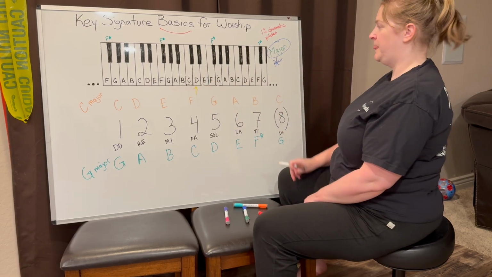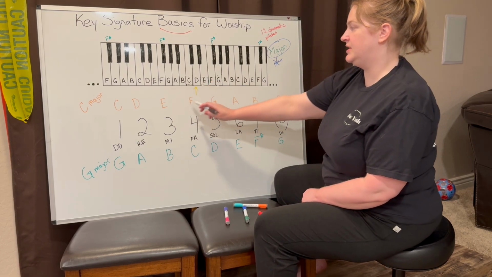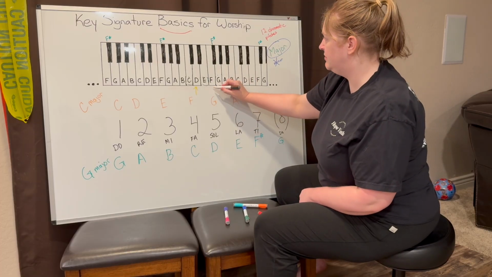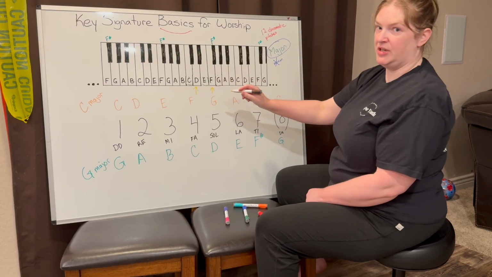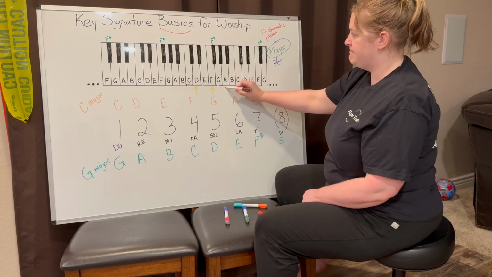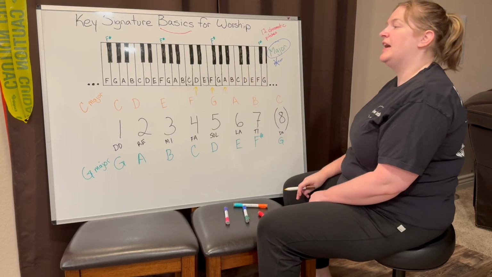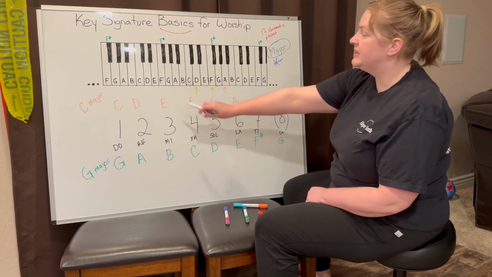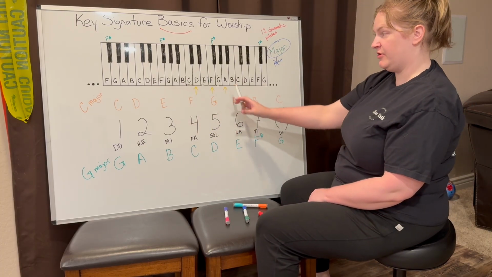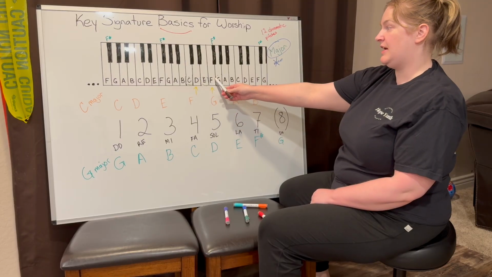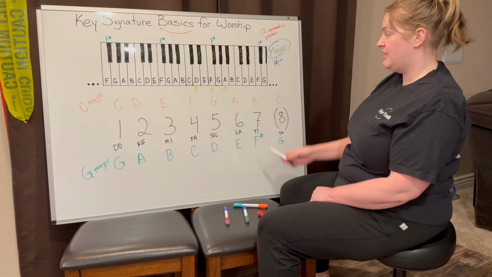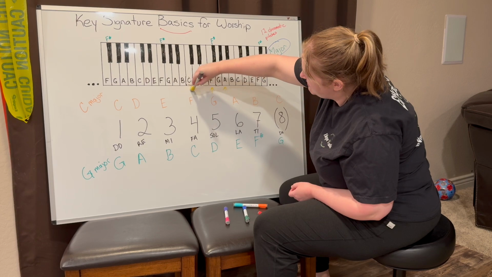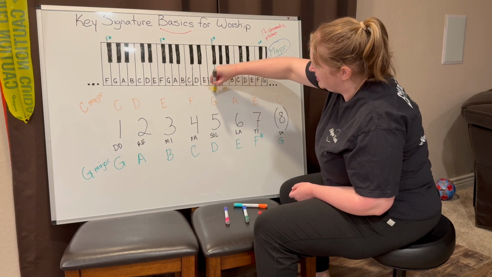Start on the D, skip 1, gets us to the F, which is the 4th one. Skip 1, A, which means that in the key of C major, our second chord is a D, F, A, or looking at the keyboard, D, F, A.